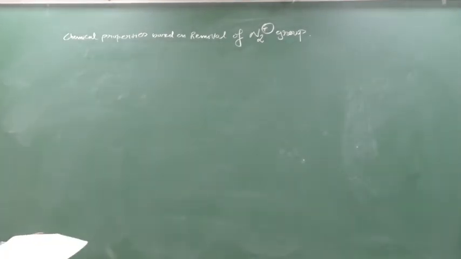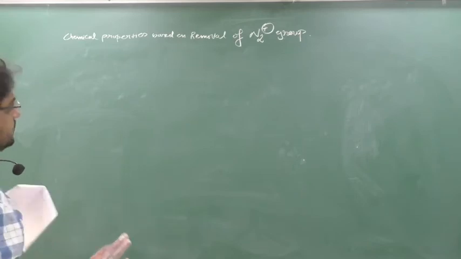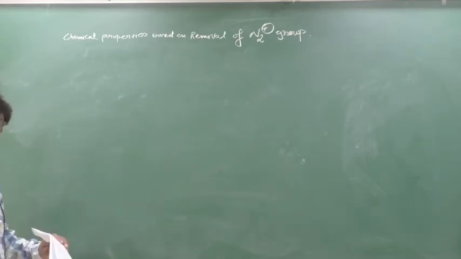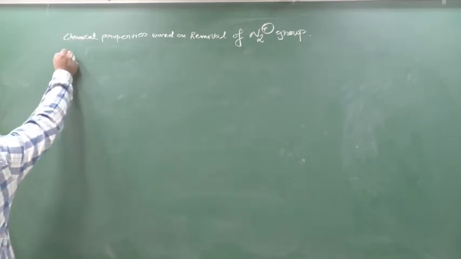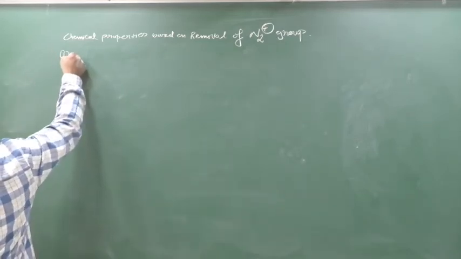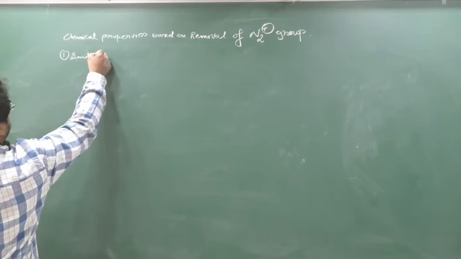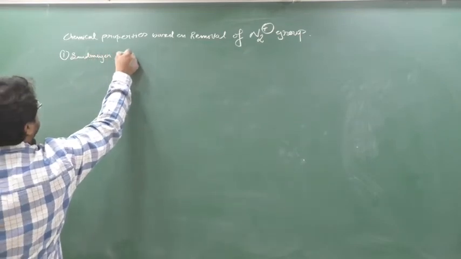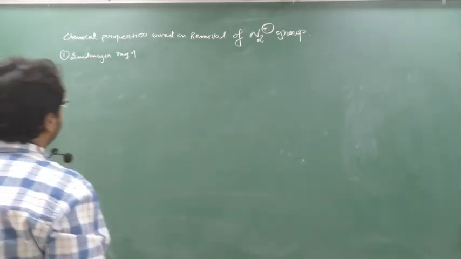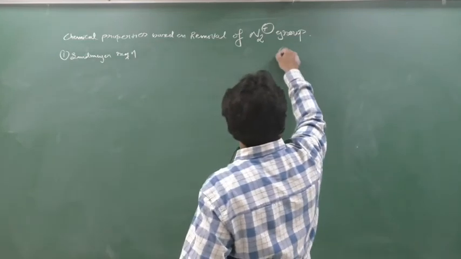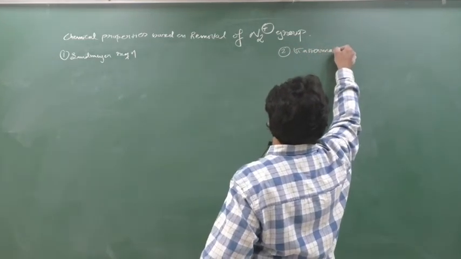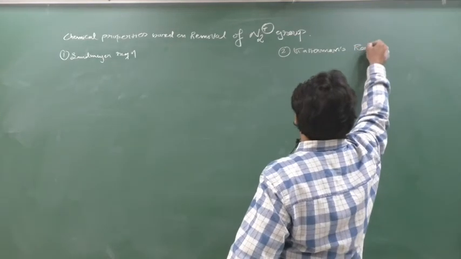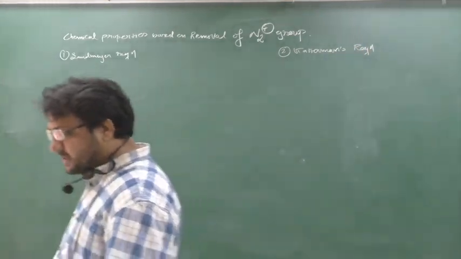Now see here, there are a number of important reactions, but first I will teach you two, then further I will go on. So the first reaction I am going to study here is the Sandmeyer reaction. And along with it we will study the Gattermann reaction also. Studying together will make it easy. See what the Sandmeyer reaction says?